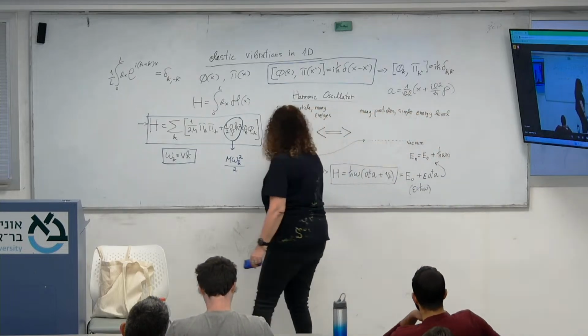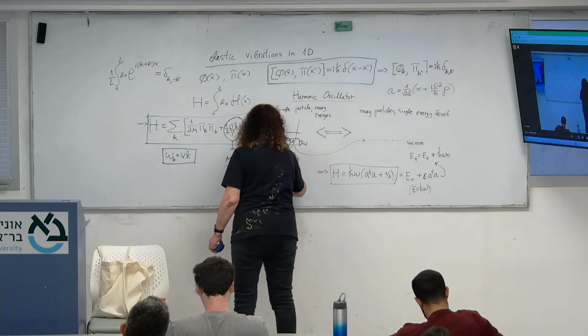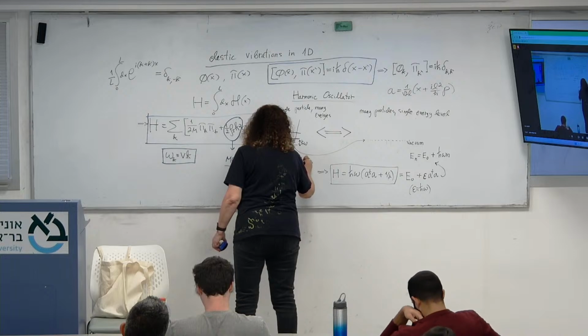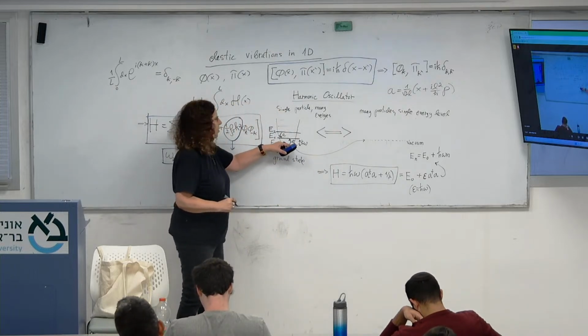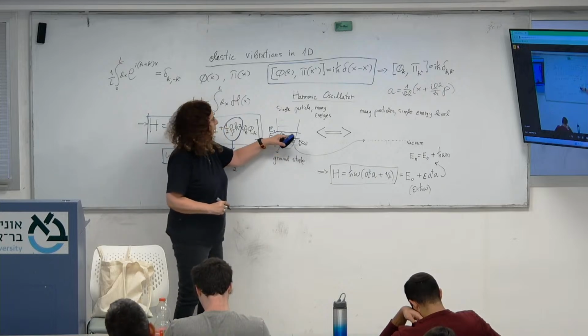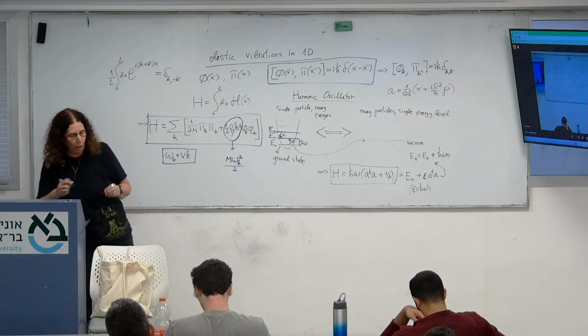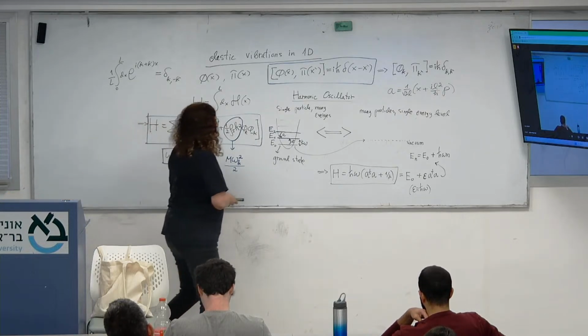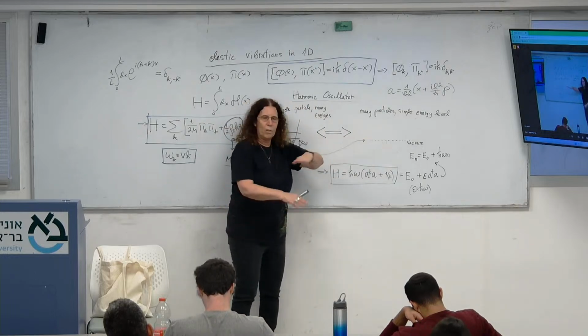Here it was called the ground state. It has the property that it is the lowest energy state you can go to, and there's no way you can go below. There's nothing below. In the new description, this ground state becomes a vacuum.